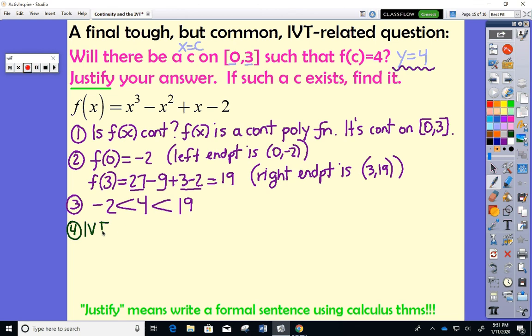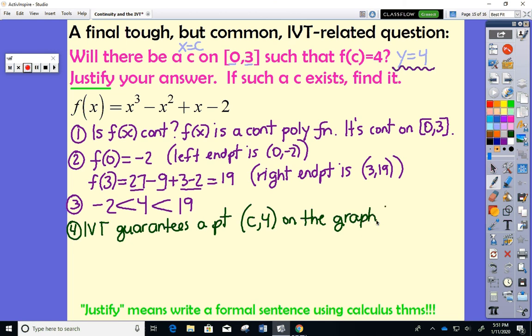So now the result is the IVT guarantees a point (c, 4) on the graph between the left endpoint, which is (0, -2), and the right endpoint, (3, 19). Remember, I know the graph has got to connect those two points without any breaks.